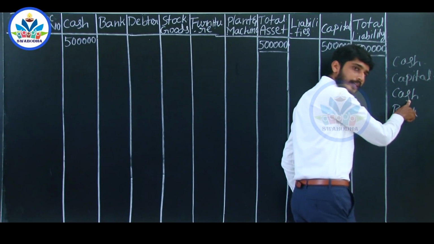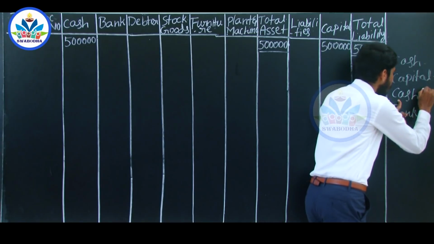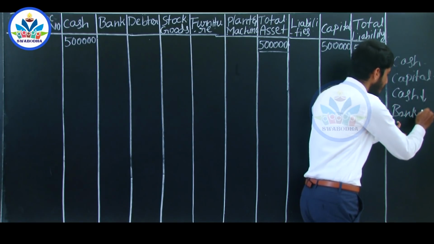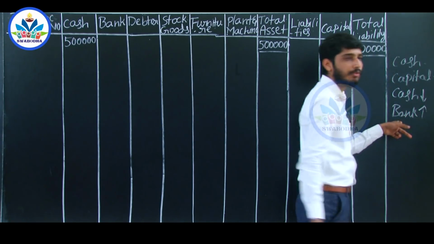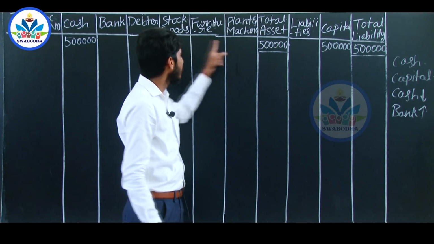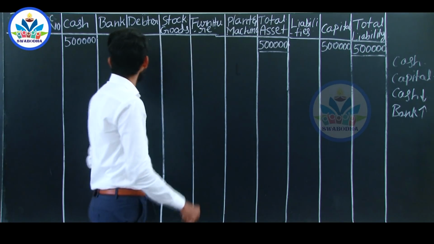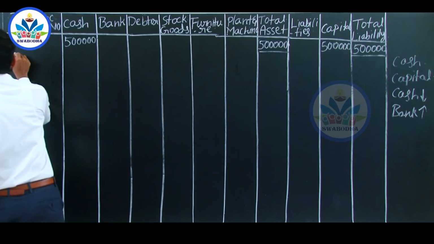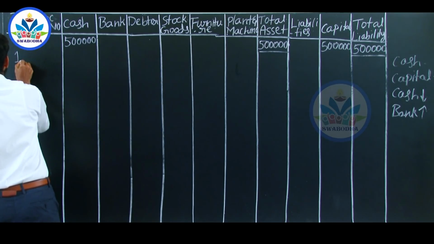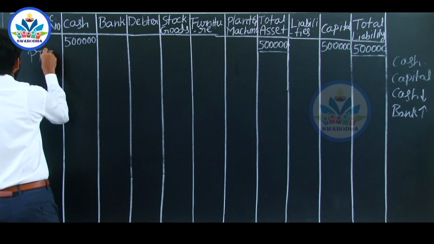Cash is also an asset, bank is also an asset. One asset balance is reducing, that is cash, and one more asset balance is increasing in the form of bank account. Now, you have to record this in the form of an equation. So, the first transaction, transaction number 1, post transaction equation.